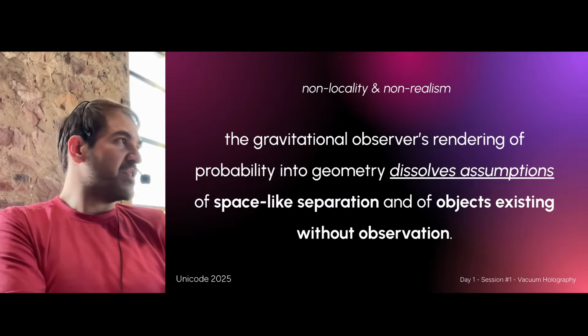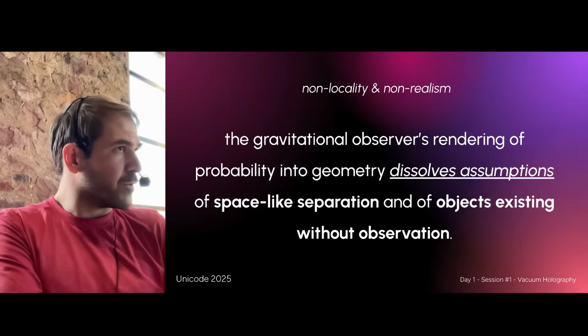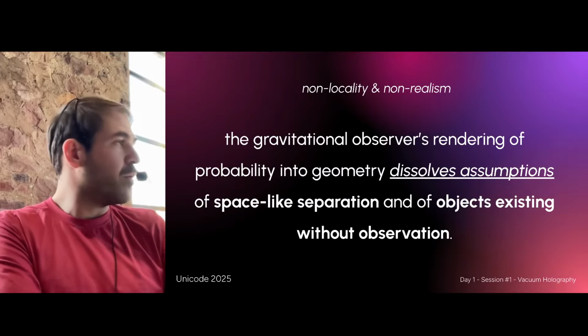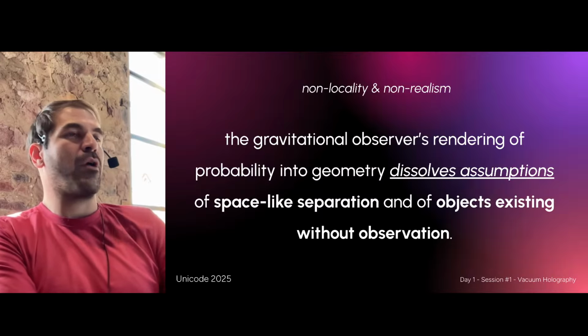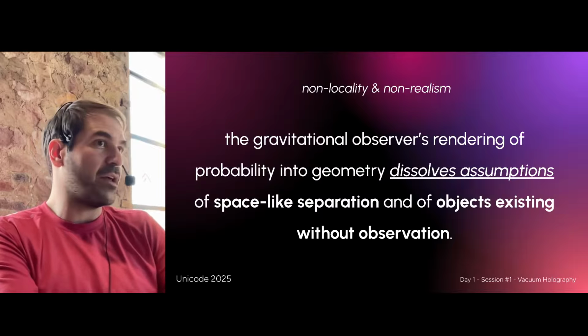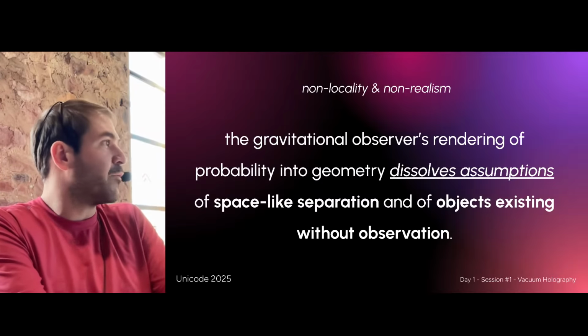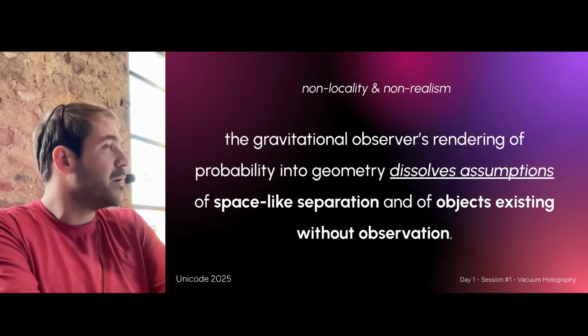And realism is the notion that things are without the observer. So now not even locality and realism hold, and we ask, how do we interpret reality if reality is non-local and non-real?